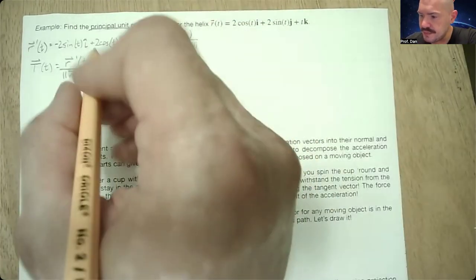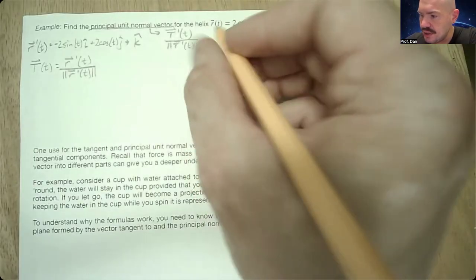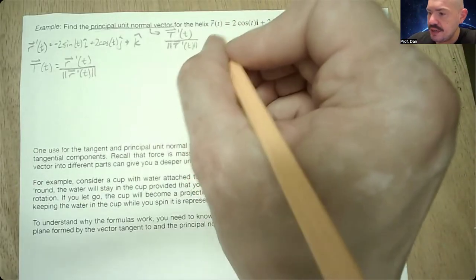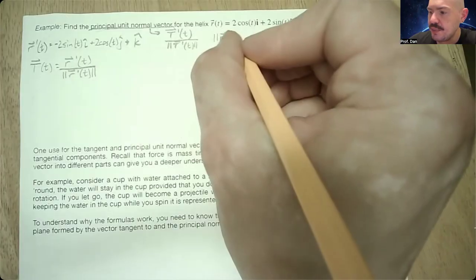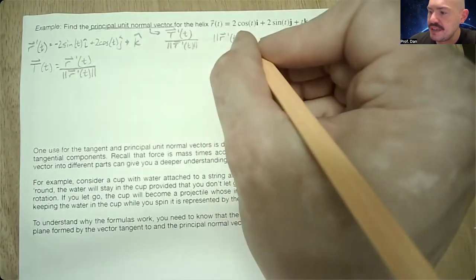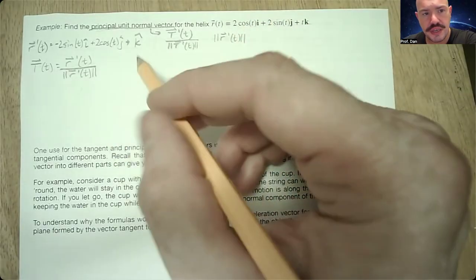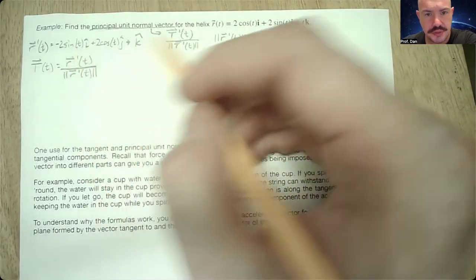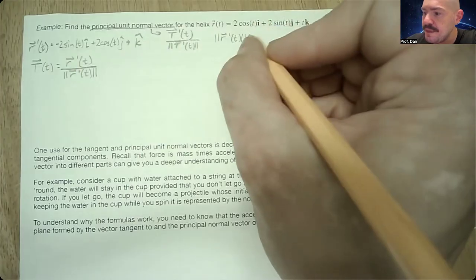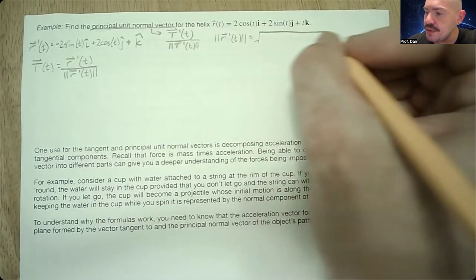So off to the side, we'll figure out the magnitude of r prime. Keep in mind, this doesn't specify a value of t to plug in, so we have to just use the components as they are. So I have the square root.